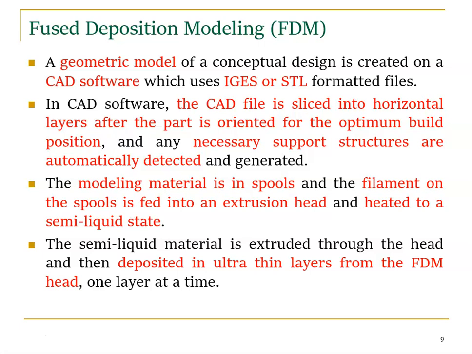So the modeling material is on the spool, and the filament on the spool is fed into the extrusion head and heated to a semi-liquid state. So the raw material is on the spool in wire form, and the filament is fed into the extrusion head. So we feed the wire into the nozzle, right? The semi-liquid material is extruded through the head and then deposited in an ultra-thin layer from the FDM head, one layer at a time.